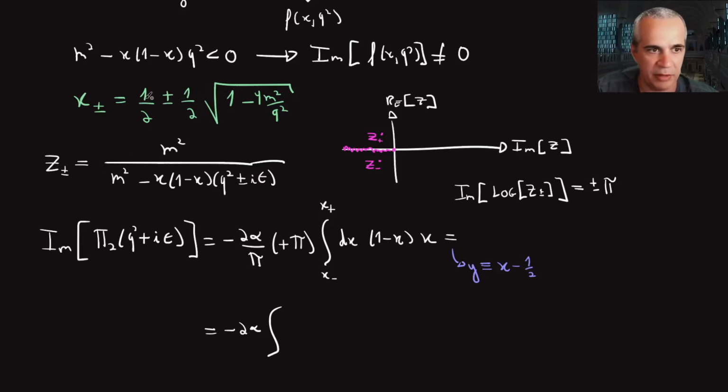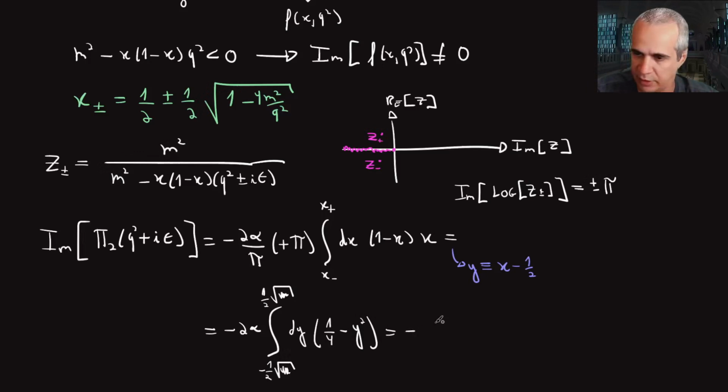So I just have this square root, half the square root, and here I'll have minus half the other square root, dy (1/4 minus y squared), because essentially I'll have 1/2 plus y times 1/2 minus y, right? And that's easy to integrate.